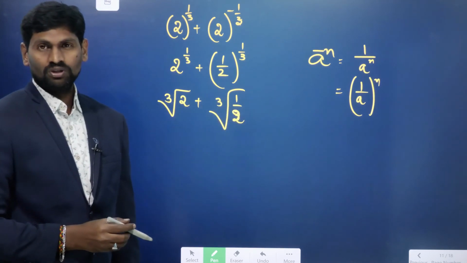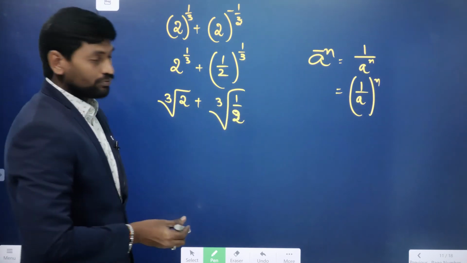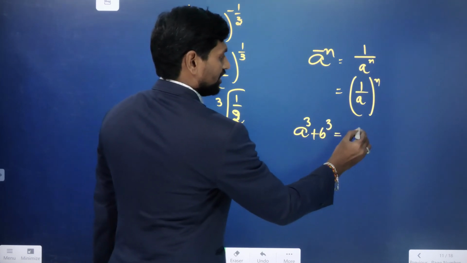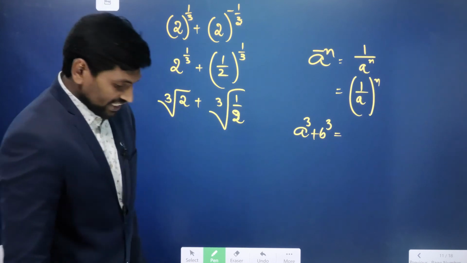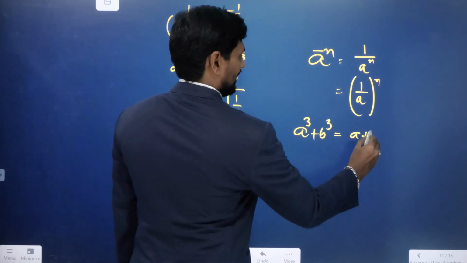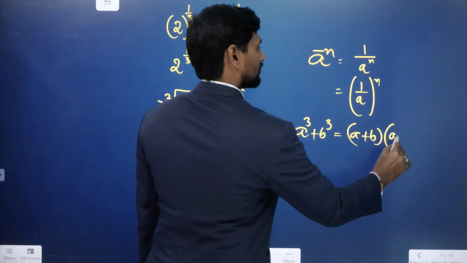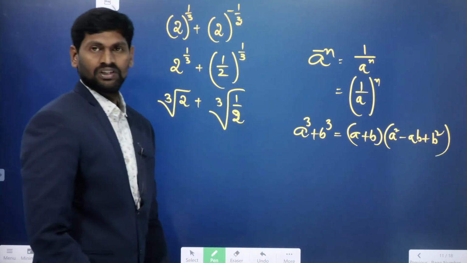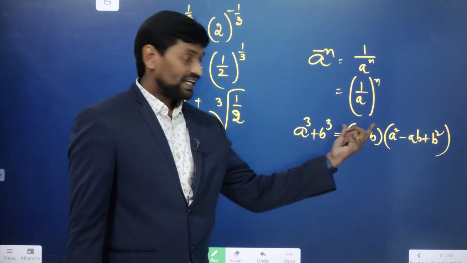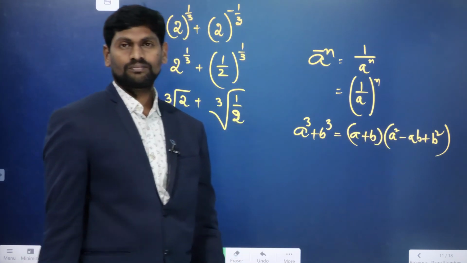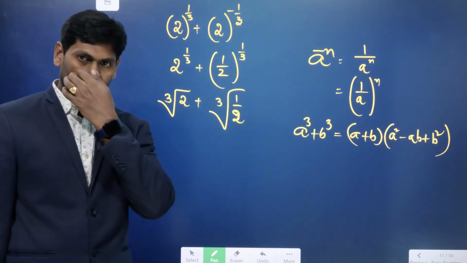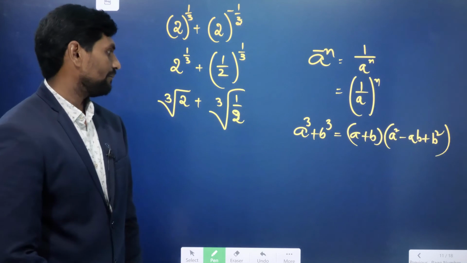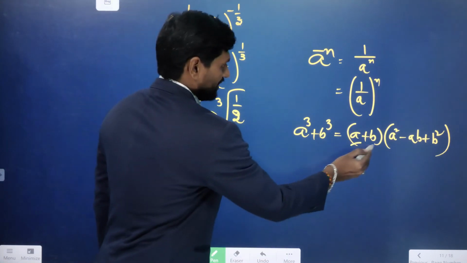So a cube plus b cube is one of the algebraic identities, which we can express as a plus b into a square minus ab plus b square. For this, the rationalizing factors are these two. So this is a and this is b.